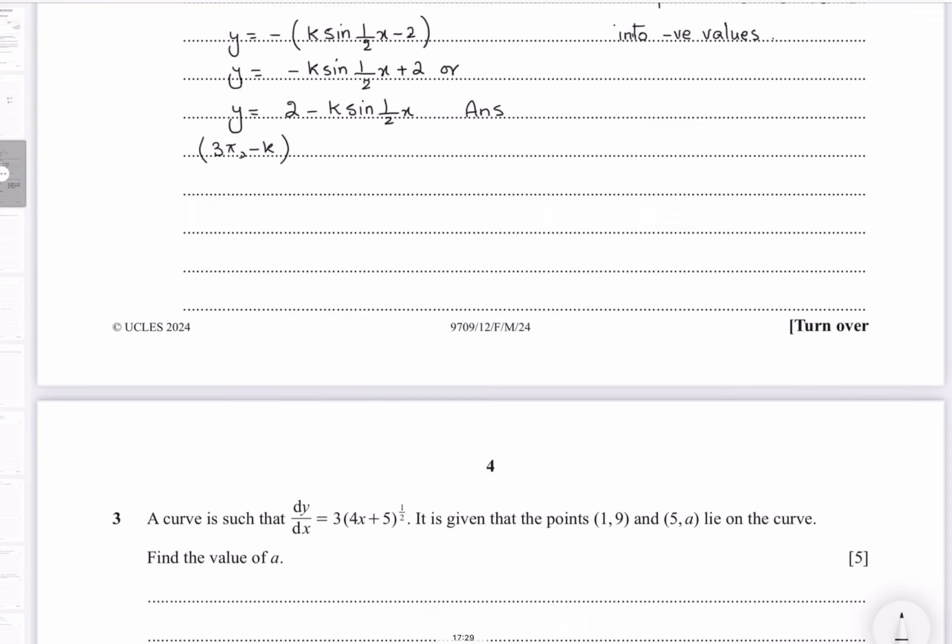So we have to write minus 2 with minus k. So this will become 3 pi, comma, k plus 2. This will be our new coordinates.